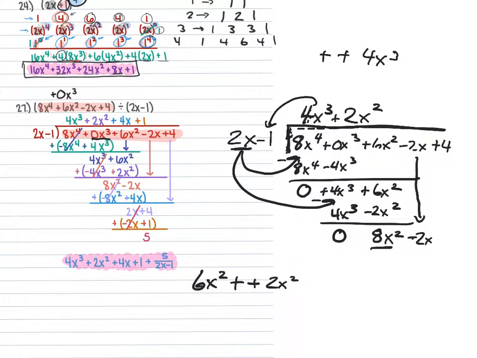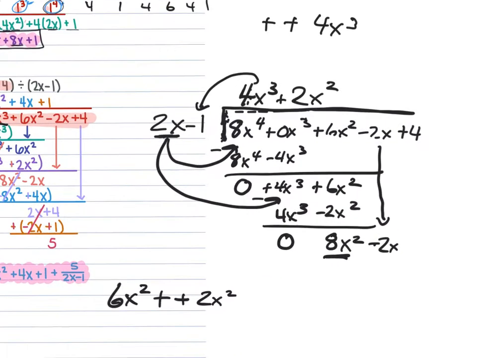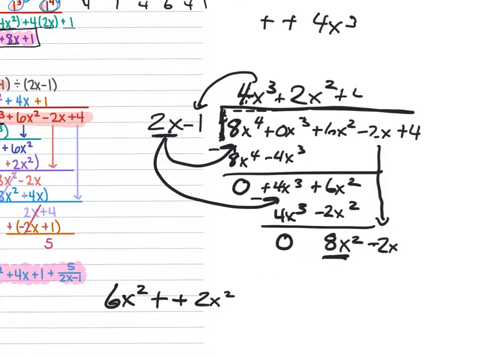2x goes into 8x squared how many times? 4x. 2x times 4x would give me 8x squared. 4x times negative 1 is negative 4x.